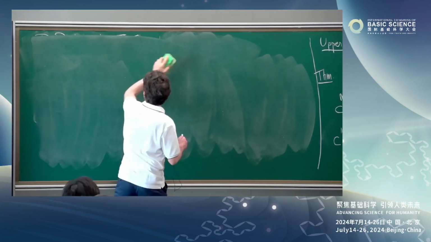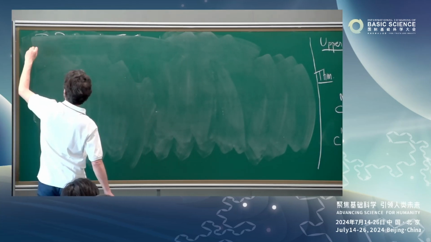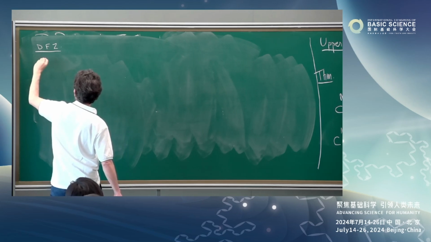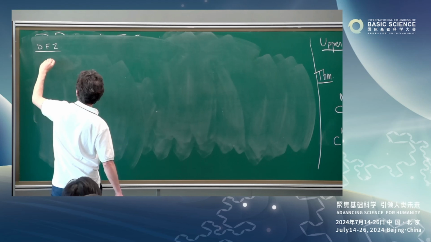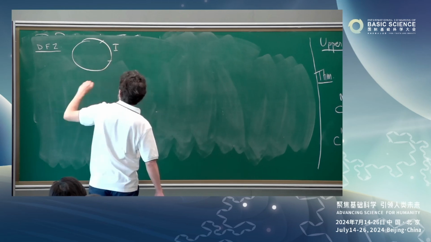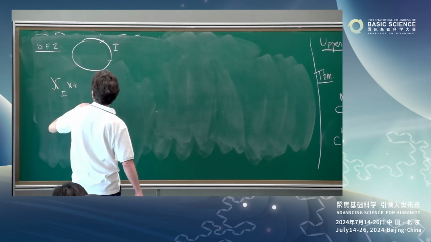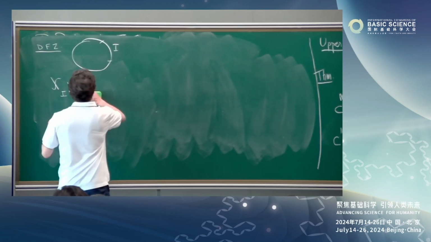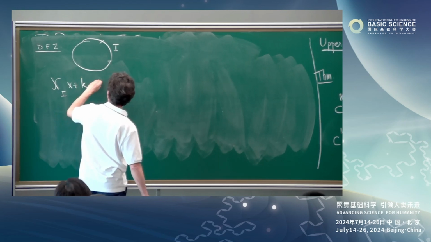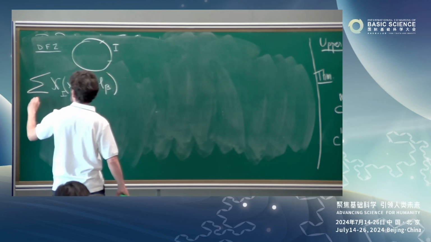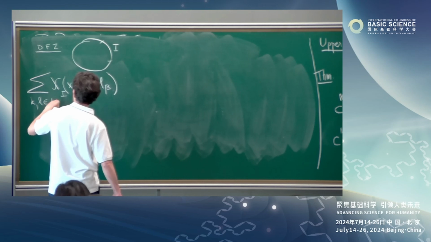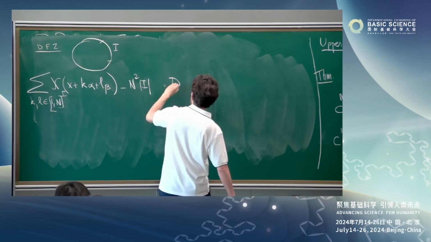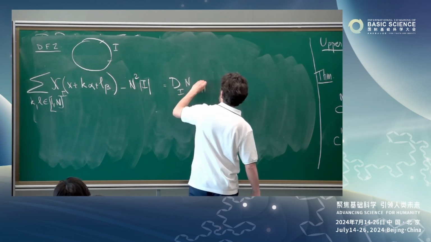It says the following. So now you look on the circle, you take an interval I, and you look at the sum of chi_I of x plus k alpha plus l beta, in a range up to n, minus n squared times |I|, and you call this the discrepancy D_I(n, alpha, beta).